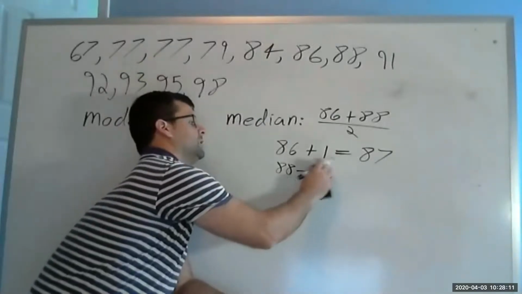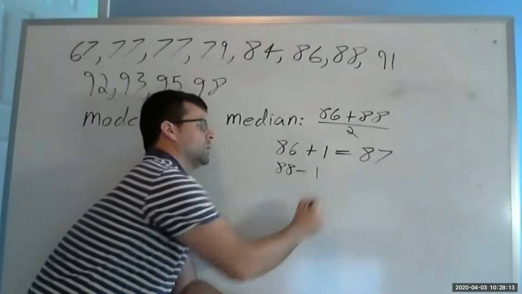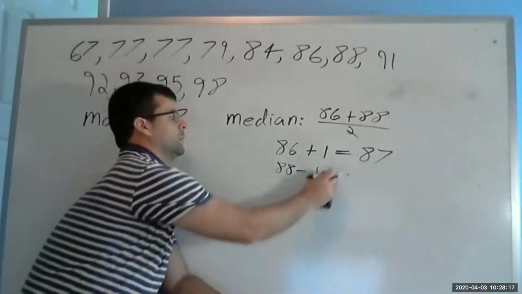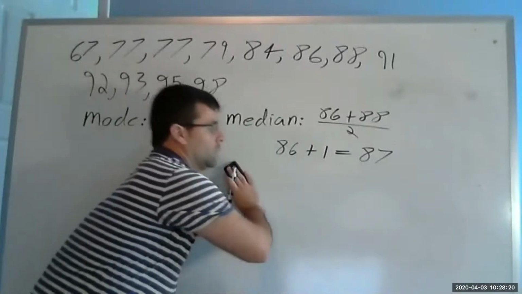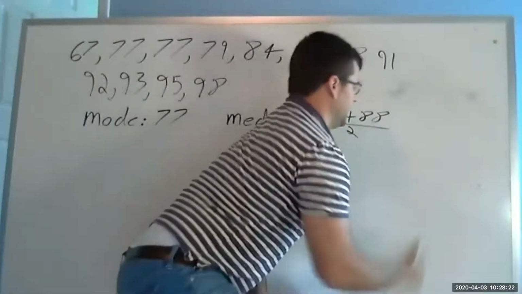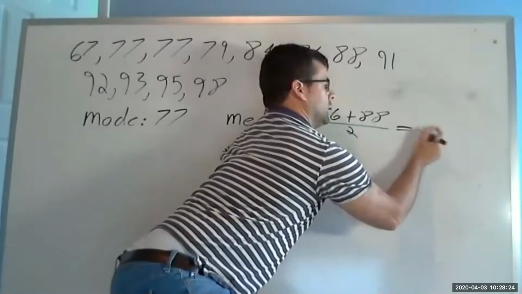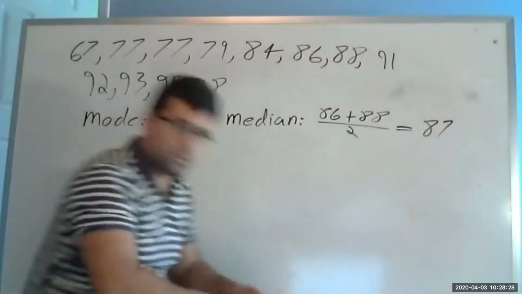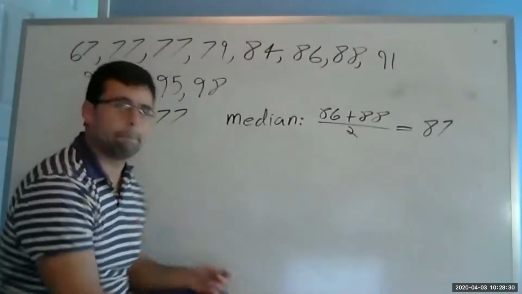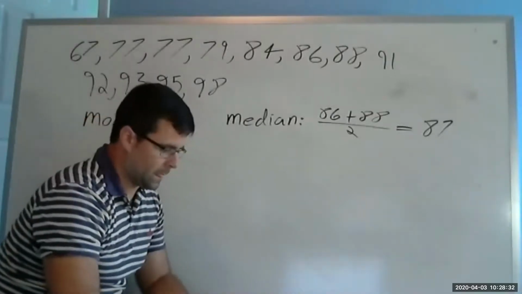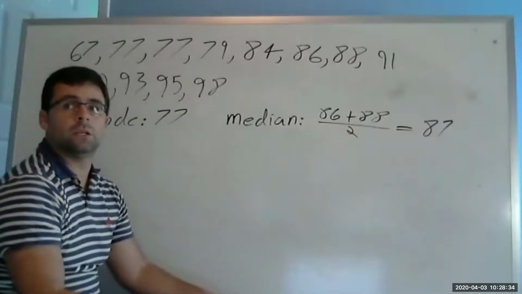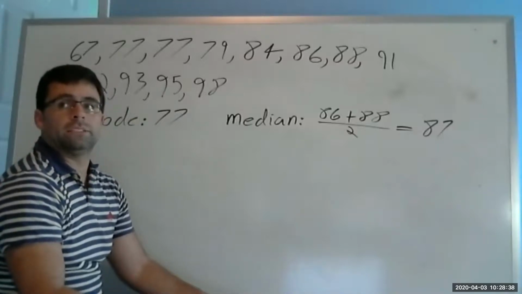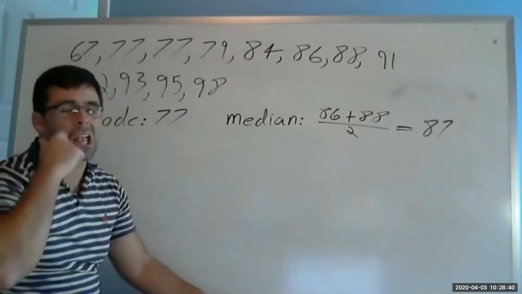So in this case, 88 minus 1, which is 87. That's a helpful little trick I find if you're having to calculate. The median is 87. All right.